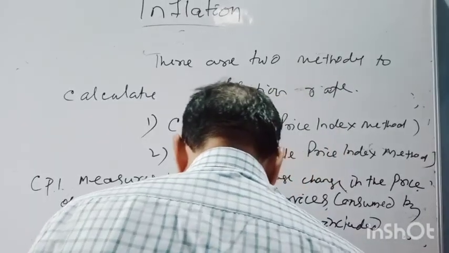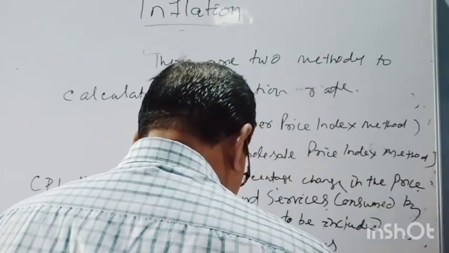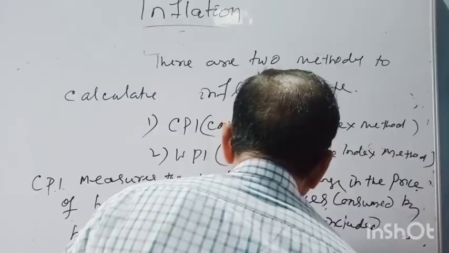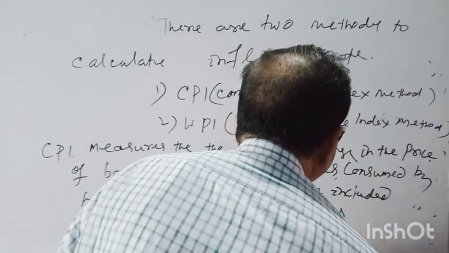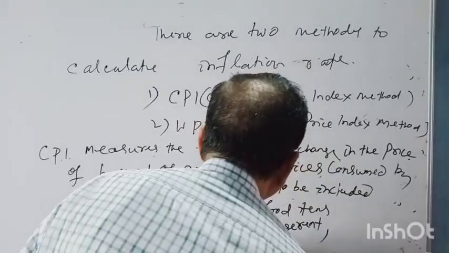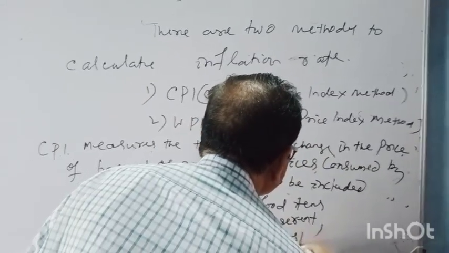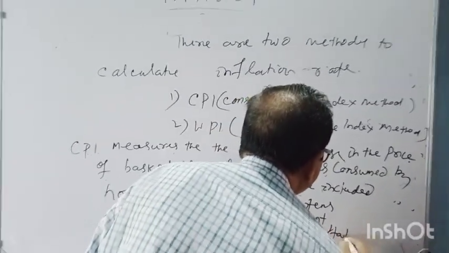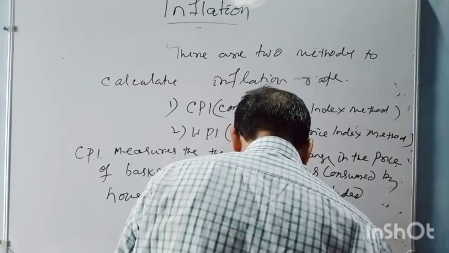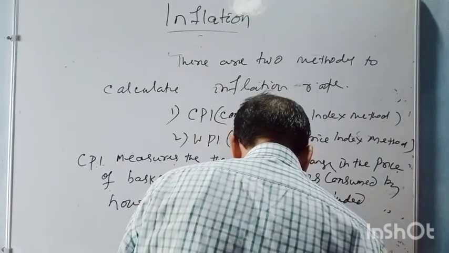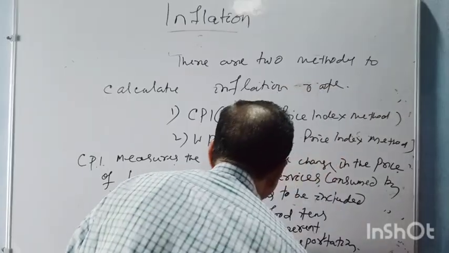Second one is house rent, fuel. Third, transportation, and fourth one is medical care.